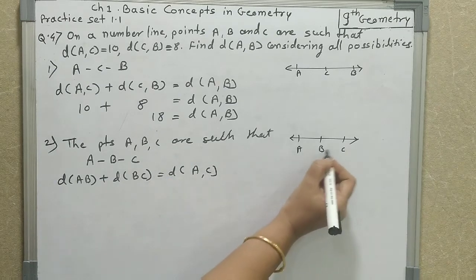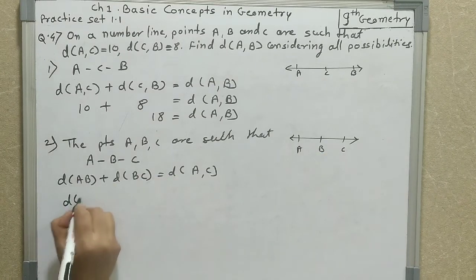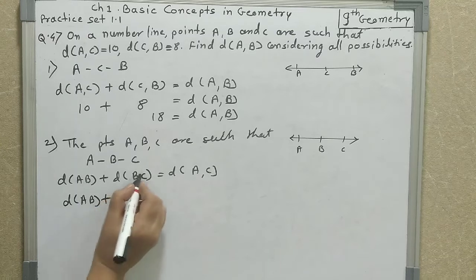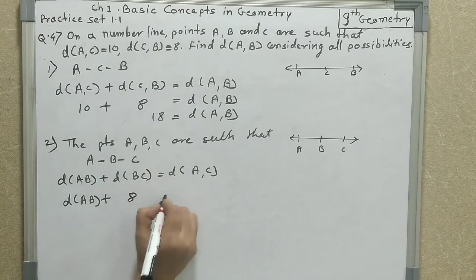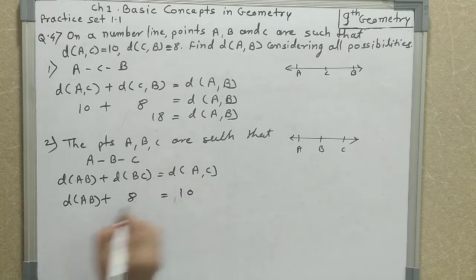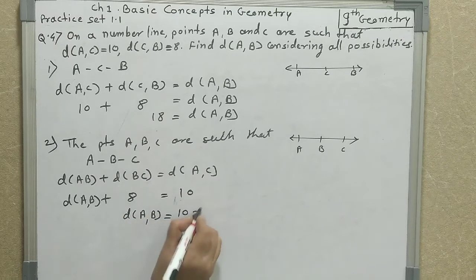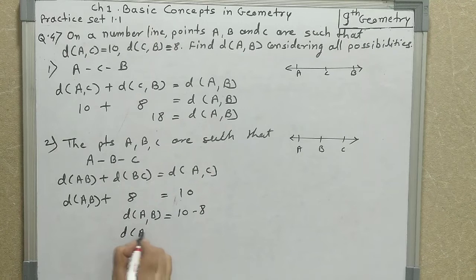AB we don't know. So AB plus distance BC, given as 8, is equal to distance AC, given as 10. So we write here 10. Here 8 plus, that side minus. So distance AB is equal to 10 minus 8. So distance AB is equal to 2. These are the two possibilities. Here the first one is 18, and the next one is 2.